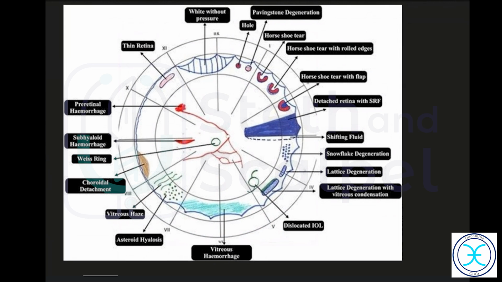Vitreous hemorrhage in diabetes. Yeah, not only diabetes, even neovascularization due to proliferative diabetic retinopathy.